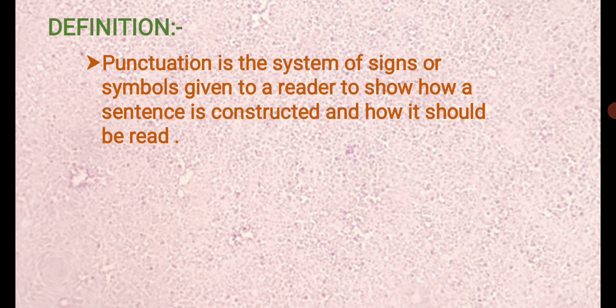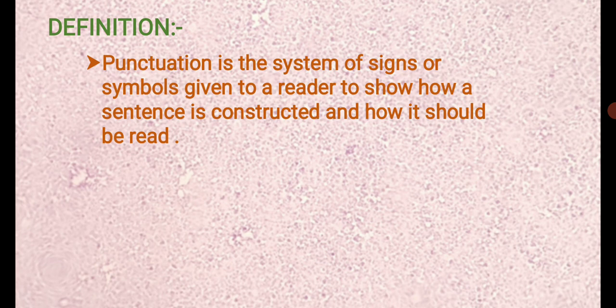As we know, what is punctuation? Let's see the definition of punctuation just for revision. Punctuation is the system of signs and symbols given to a reader to show how a sentence is constructed and how it should be read. It means that a punctuation mark is one kind of symbol, one kind of sign.